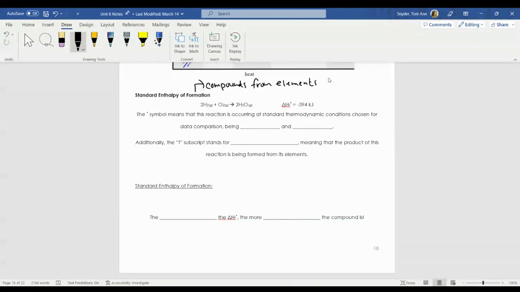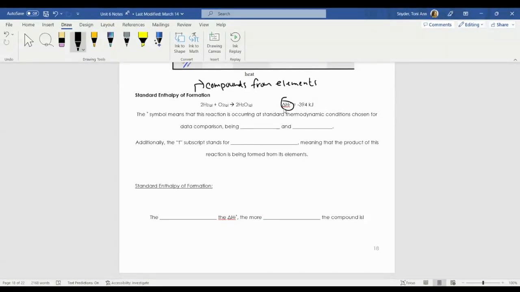If I look for water in this particular reaction, hydrogen gas reacts with oxygen gas, and that forms two water molecules. And for this process to occur, in order to form water, the heat that's involved in this reaction, we would release 394 kilojoules of energy. And we call that the standard enthalpy of formation.